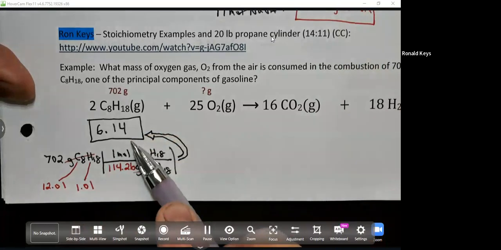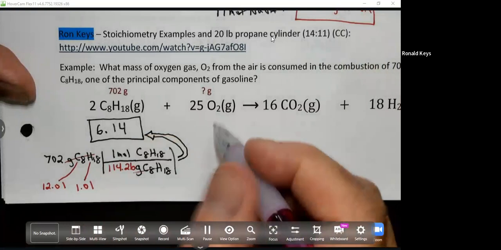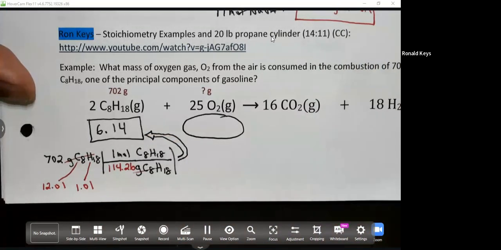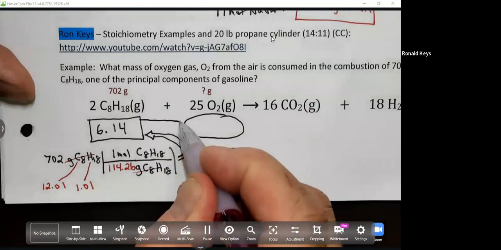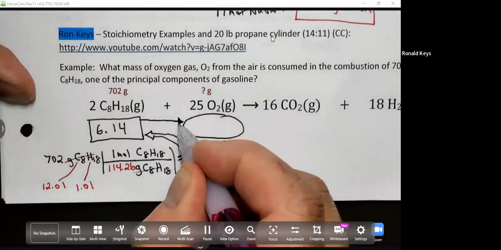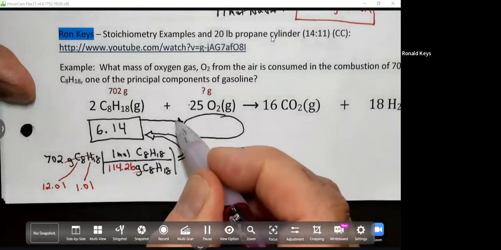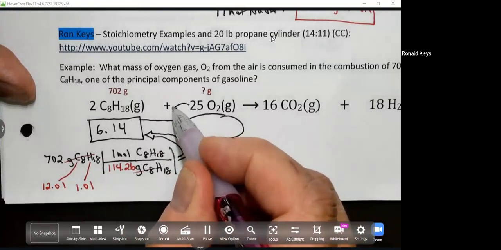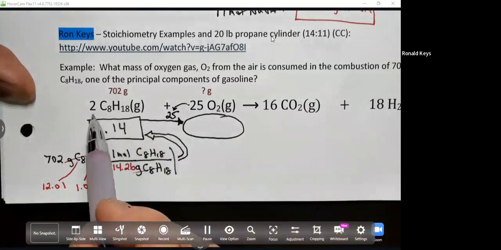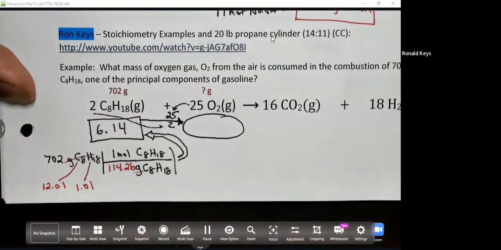Once I have moles here, I can figure out moles of the other three. But I need to figure out moles of oxygen. So I'm going to draw this oval that I'm going to put my moles in. I'm going to draw an arrow like this because I need to calculate my moles here. And once I draw my arrow from the balanced equation, 25 would go on top. And my 2 is going to go on the bottom. 25/2.